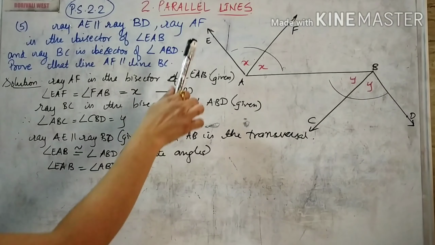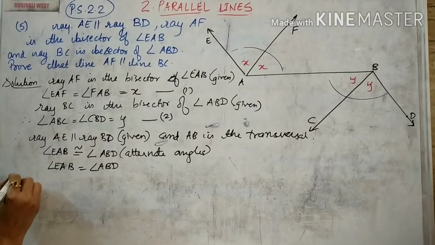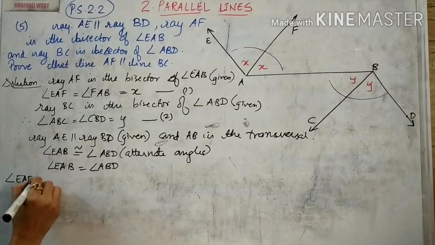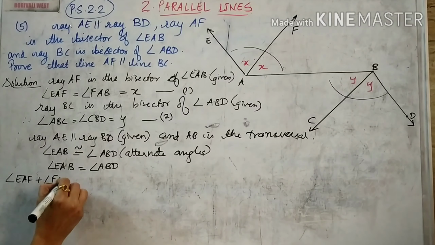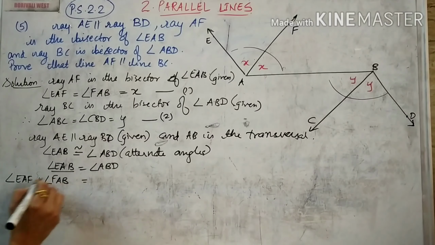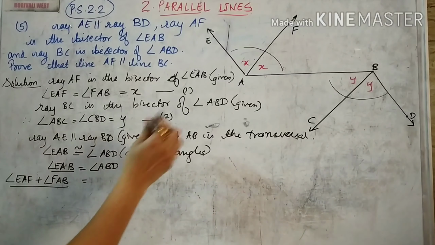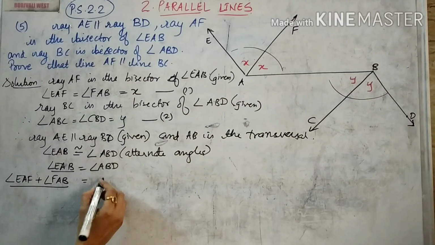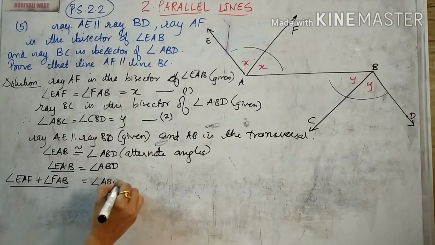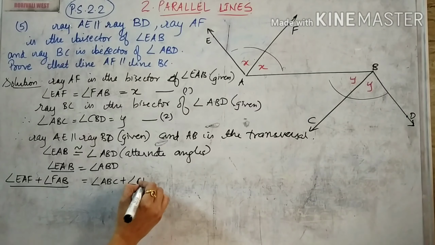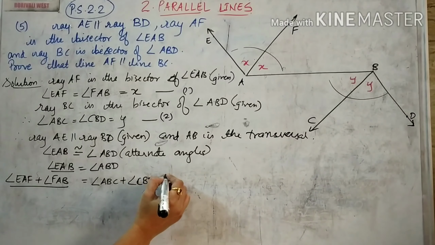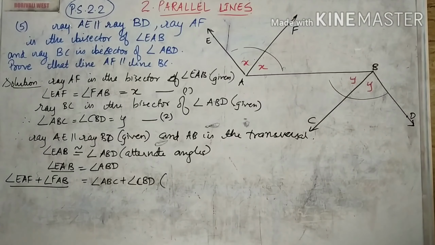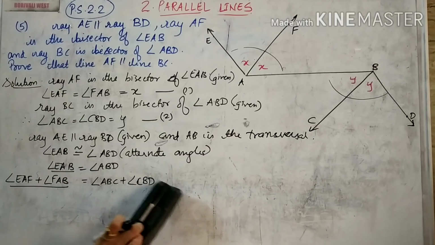Now I'll show the addition: angle EAF plus angle FAB. Similarly, for ABD, I'll write angle ABC plus angle CBD. This is the angle addition postulate, you can write it down, or you can leave it as it is.